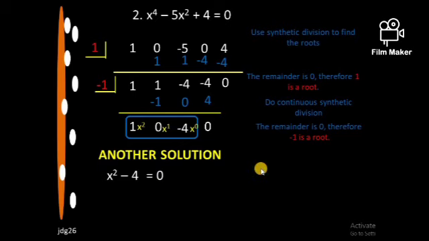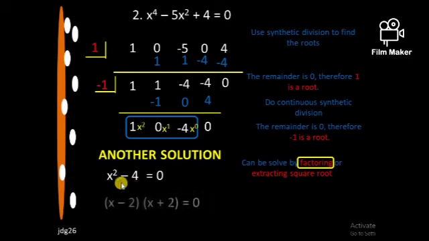So, in this case, ang gagamitin natin ay factoring or extracting square root. So, pwede siya kahit alin dyan sa dalawa. So, this time, ang gagamitin natin ay factoring. So, the factors of x squared minus 4 are x minus 2 and x plus 2 since this is the difference of two squares.